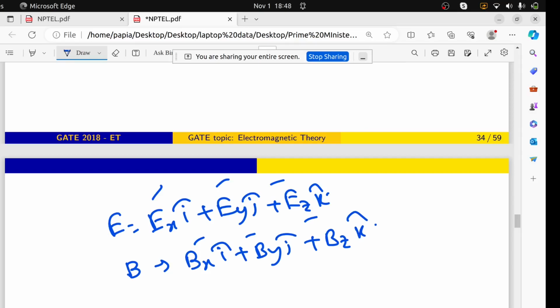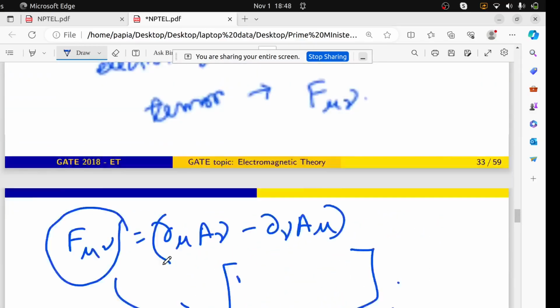So how many independent parameters are there for F mu nu? To get the F mu nu value, we need to know Ex, Ey, Ez, Bx, By, Bz, and that means these 6 parameters, right?